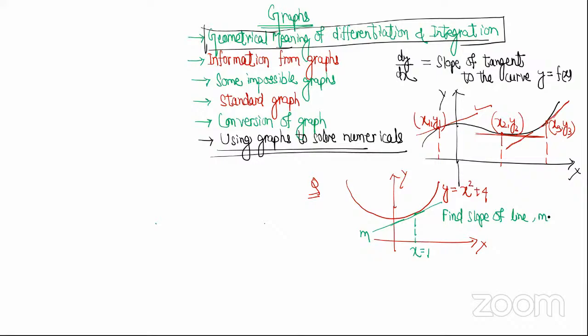So how to do it? First find slope means it's dy by dx. Here dy by dx means how much it is? 2x, isn't it? So now slope means here instead of x you should put 1. So this is 2 into 1, that is 2. If anyone could not understand, then ask now. है ना? तो dy by dx means slope.